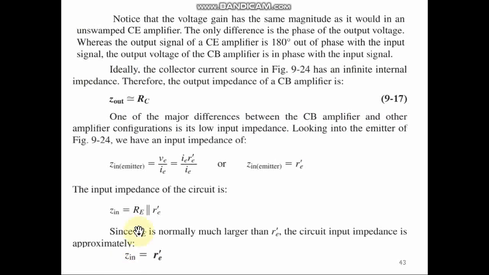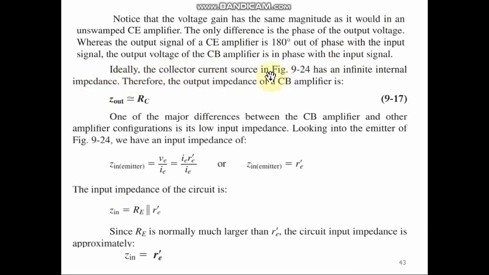This is almost similar to the voltage gain of the CE amplifier. The only difference is the phase of the output voltage. In the CE amplifier, the output voltage is 180 degrees out of phase with the input signal, but in the CB amplifier it will be in phase with the input signal.